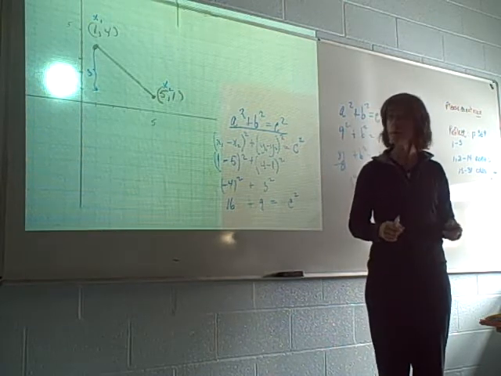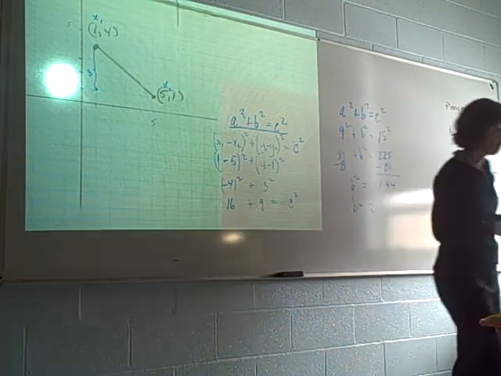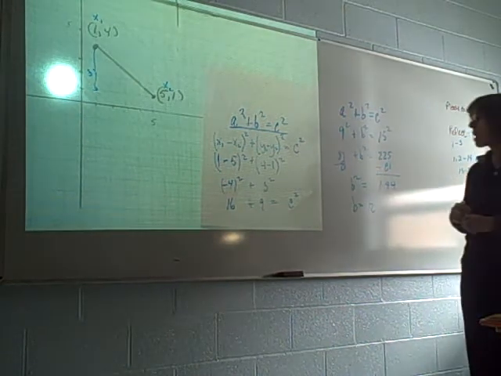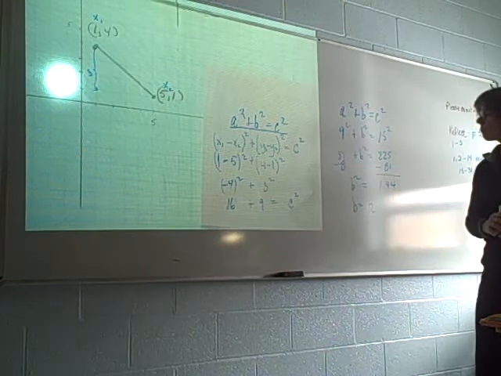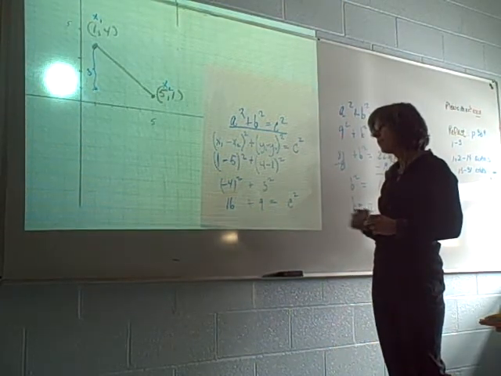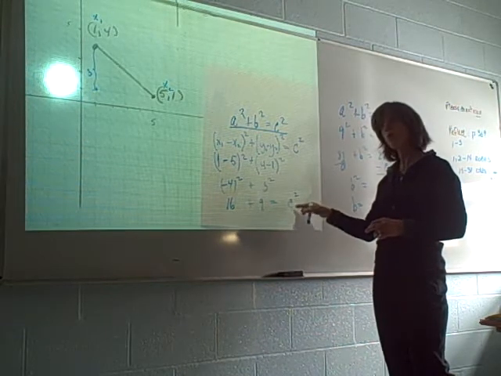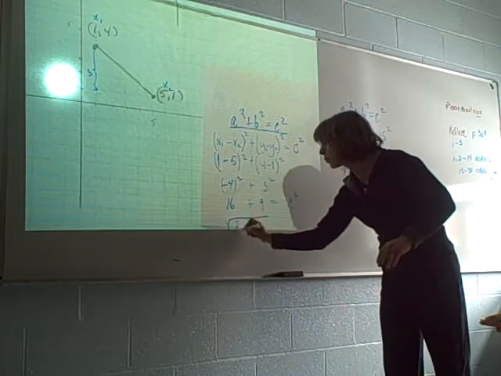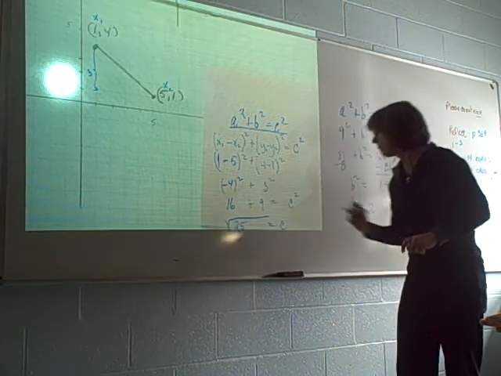Okay, so far so good? Okay. This formula, by the way, all right. So, do I want this as c squared? No, so what do I need to remember to do? I need to take the square root of 25, and that will give me my c.